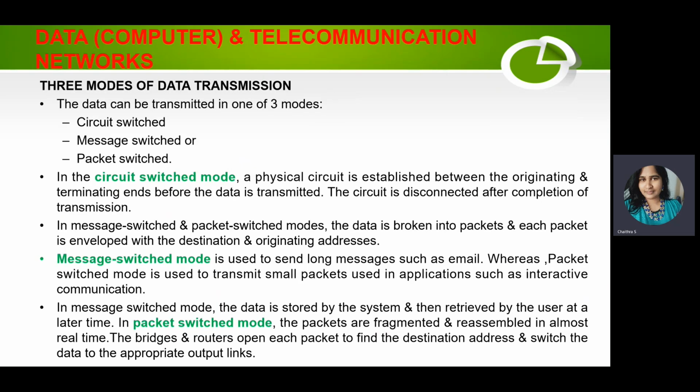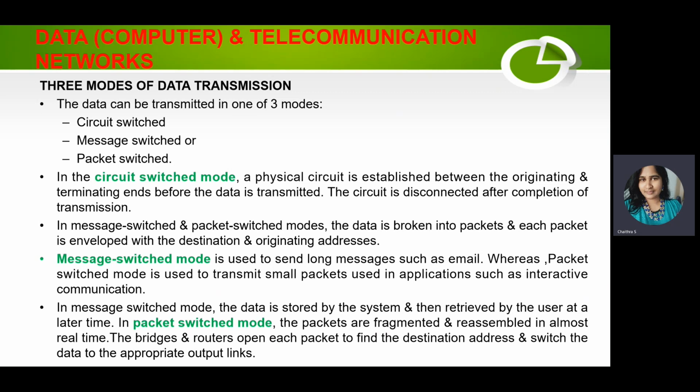The next topic is data and telecommunication networks. In a telecommunication network, the data can be transferred from sender to receiver either in analog or digital mode, depending upon some network components.